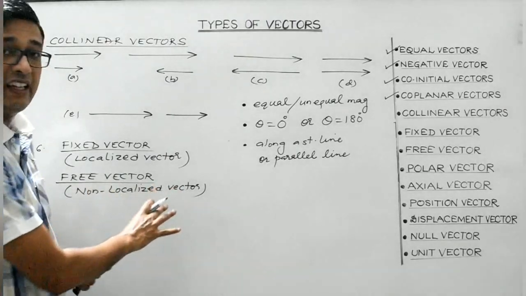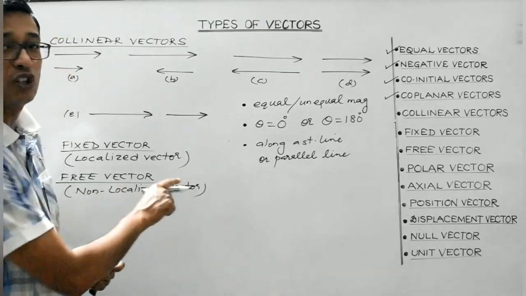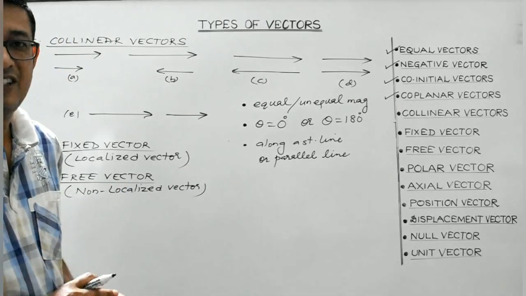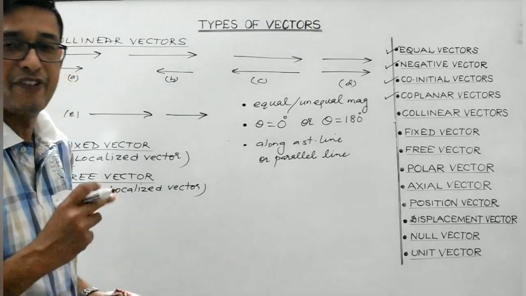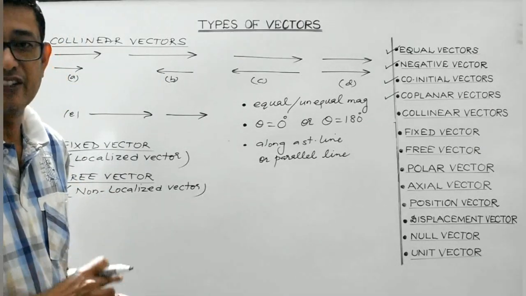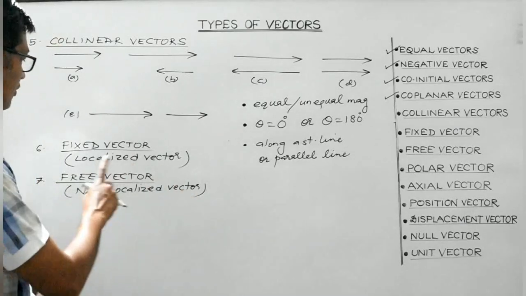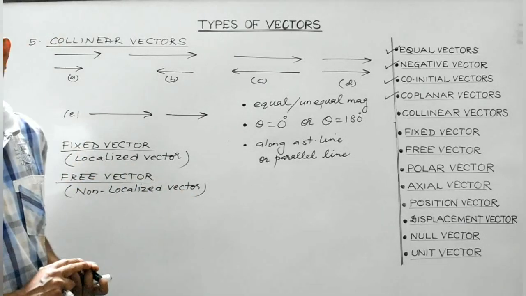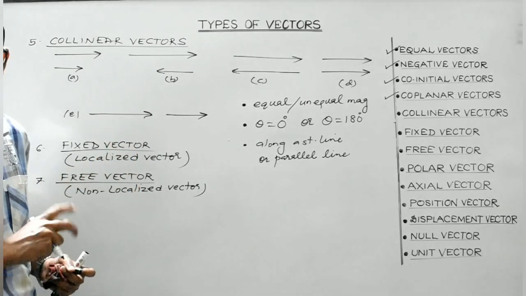So its tail is not fixed and it does not have any sort of location. So the best examples of free vectors are momentum vector, force vector, impulse vector. So these are the examples of free or non-localized vector. The term itself expresses the same thing which I am stating.